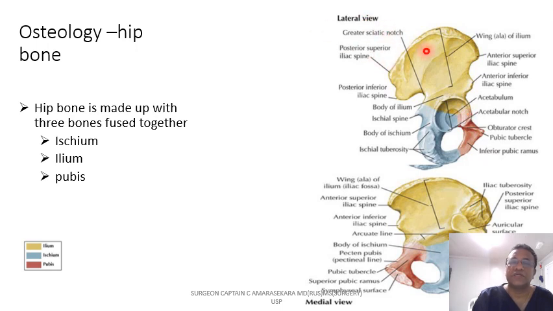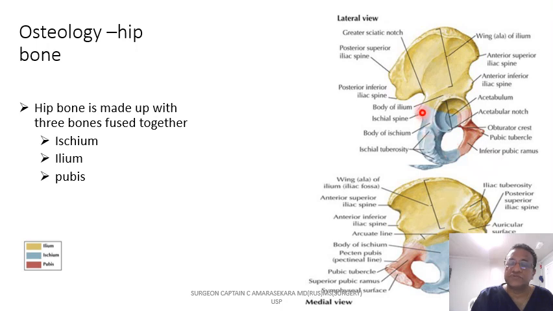The ilium is broad and lies in the superior portion of the hip bone. It supports the abdominal organs and serves as a key landmark in surface anatomy. The ischium, in ash color, is in the posterior inferior part.